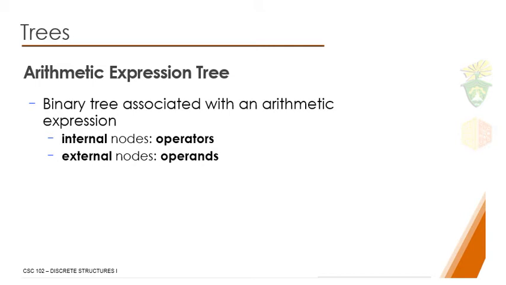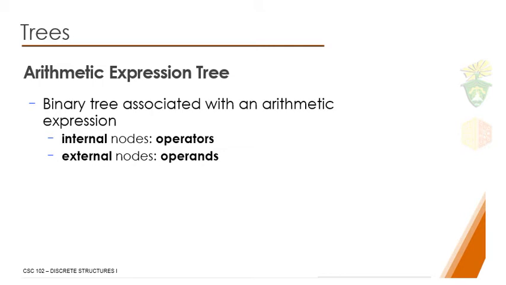When we convert an arithmetic expression to a tree, the internal nodes are the operators. The external nodes are the operands. The operands can be confusing, so remember: operators are few, and operands are any number or variable.